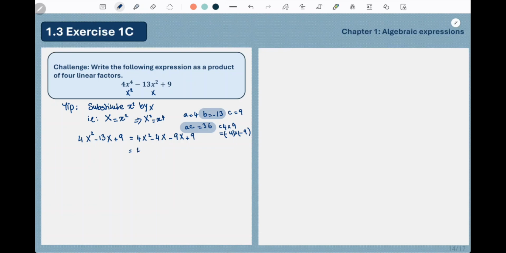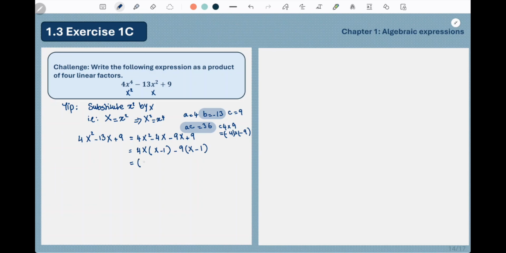So here, 4X is the highest common factor, so we get 4X times X minus 1. 4X times X is 4X squared, 4X times minus 1 is minus 4X. Then here, minus 9 is the highest common factor, times X minus 1. You see, minus 9 times minus 1 is plus 9.